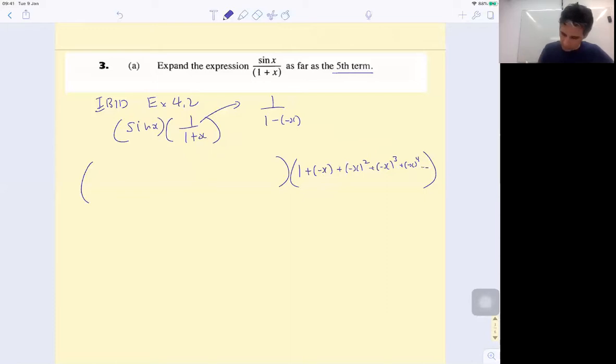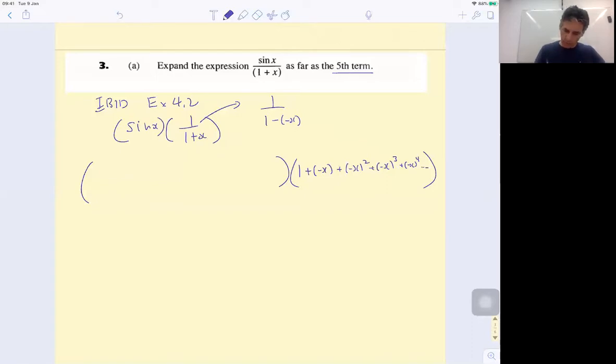Then the next one is going to be to the power of 4, a positive x to the 4 over 3 factorial. And then the next one is going to be a minus x to the 5 over 3 factorial. We can stop there because everything else is going to be a higher power.